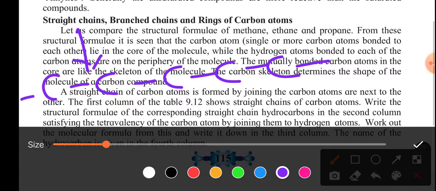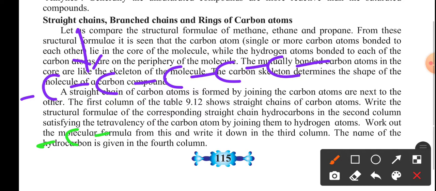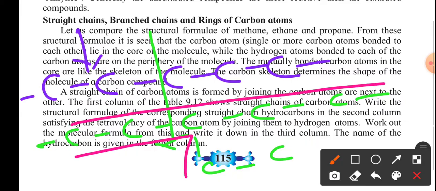But suppose I have carbon, carbon, carbon, carbon, and here I make another carbon branching off, then this will be under the category of the branched chain. Because if I follow it, this is one chain and this is another chain.